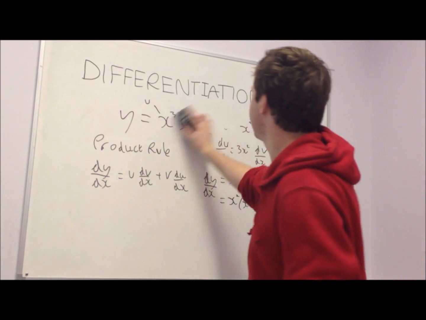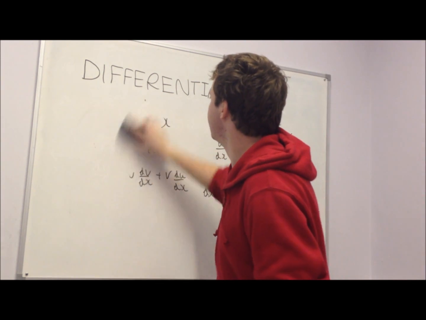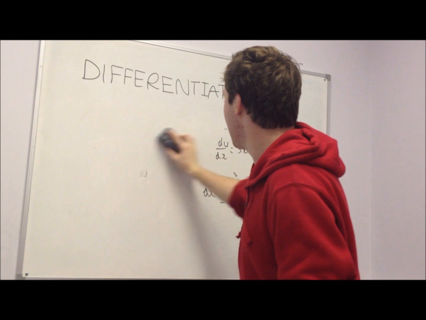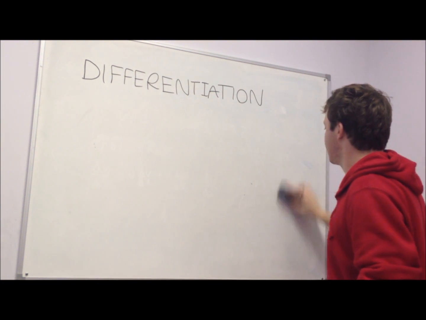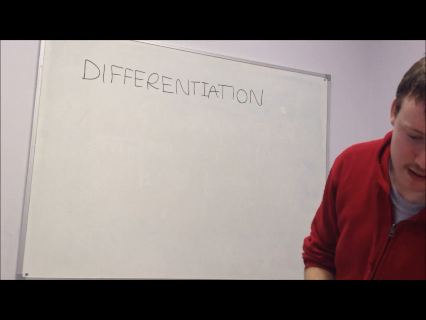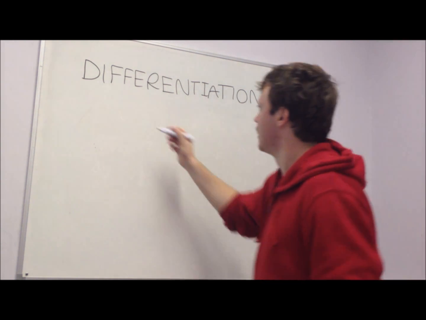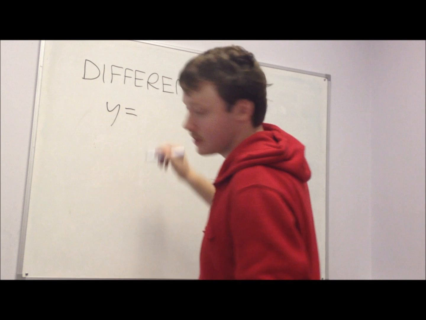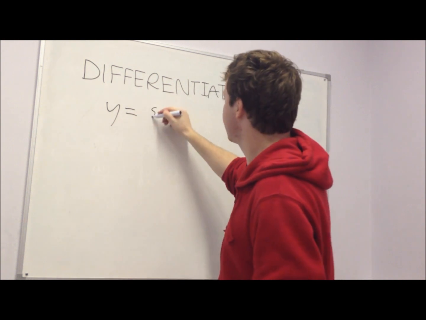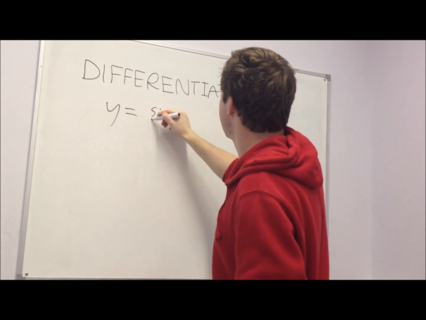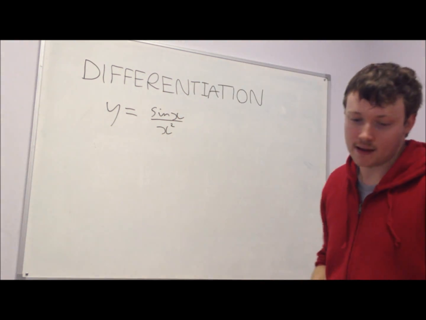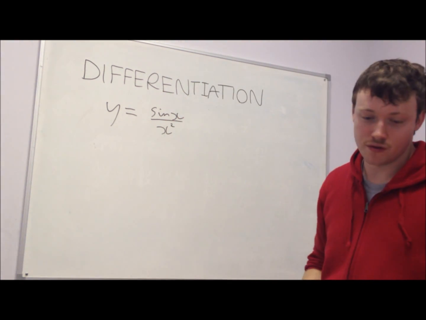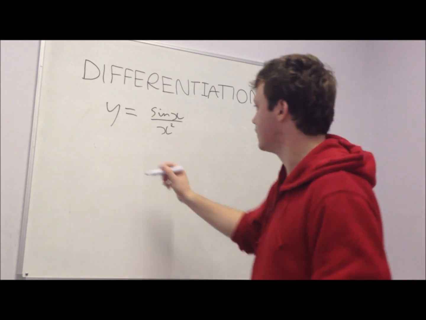What if, instead of having the product of two different functions, we had a quotient of two functions? Say one function was divided by another. Take y equals sine x over x squared. We need a different rule, and rather than the product rule, this is simply called the quotient rule.